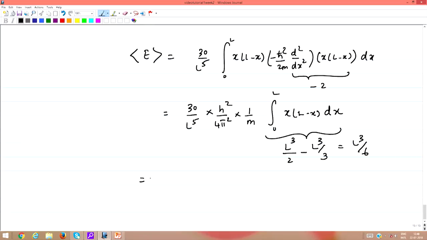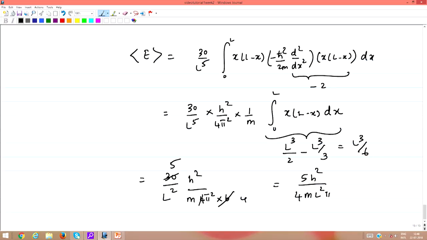And so, the final answer is 30 by L square h square by m into 4 pi square, there is also a 6. So, this is 5 by 4. So, the answer is 5 h square by 4 m L square pi square.